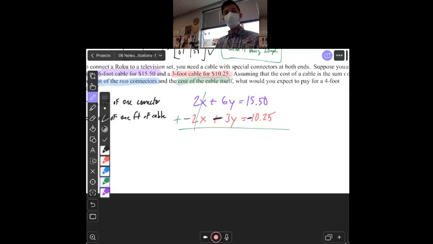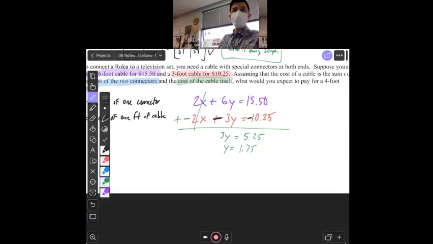So we get 3y equals, what's that, 4, 5, 25? That's y equal to then. $175.